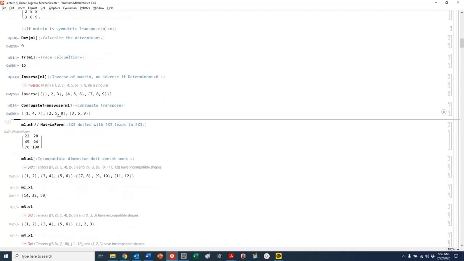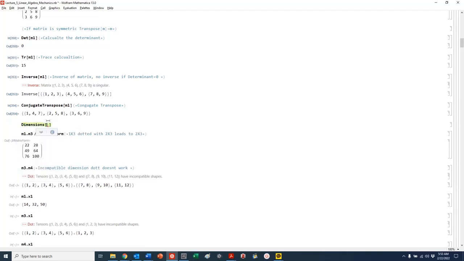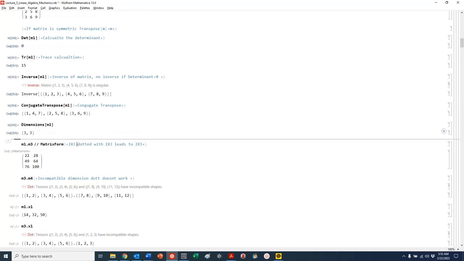I could do the conjugate transpose. There are lots of other operations. Now if I do m1 dot m3, let's look at the dimensions.